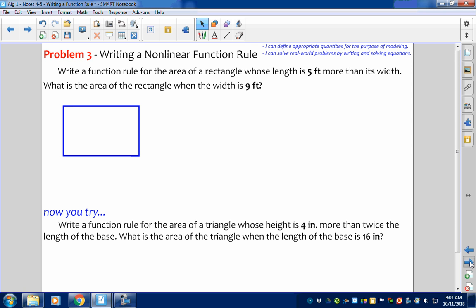It says, write a function rule for the area of a rectangle whose length is 5 more than its width. When I see something like this that compares the length to the width, I'm going to take the width as my base variable. The length is going to be in terms of the width. So I'm going to call this right here my width, and the length is going to be this portion down here, the base or the longer portion in this picture.